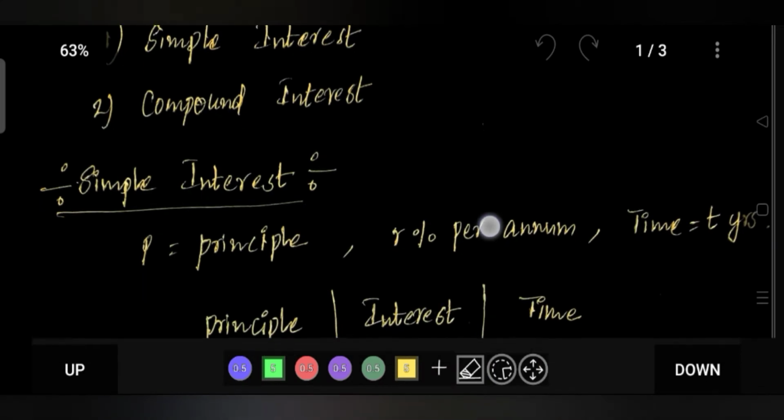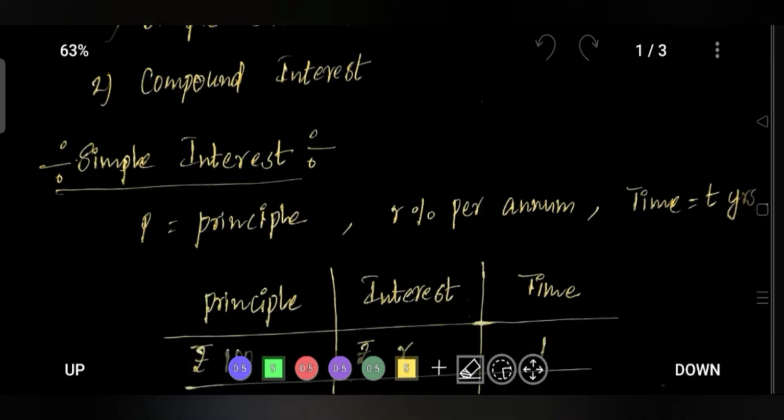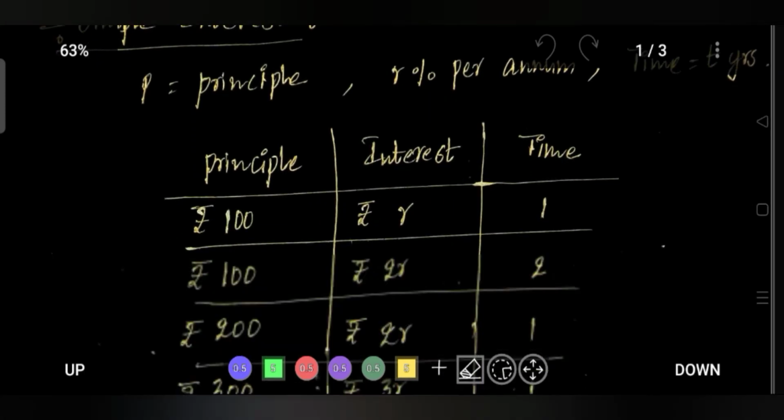In simple interest, the amount we borrowed is called the principal, R% per annum is the interest rate, and the time is T years. So what is meant by these three parameters? We will understand with this table.